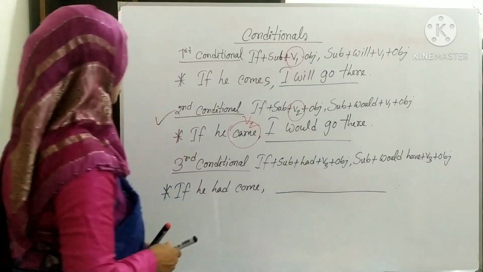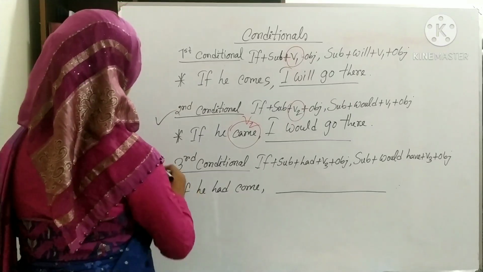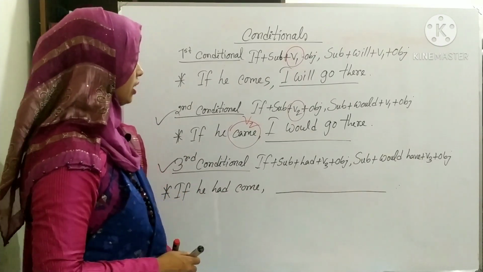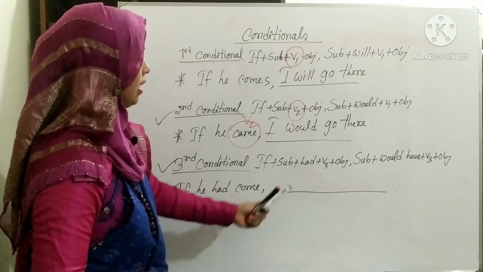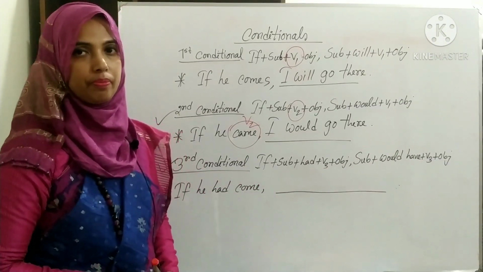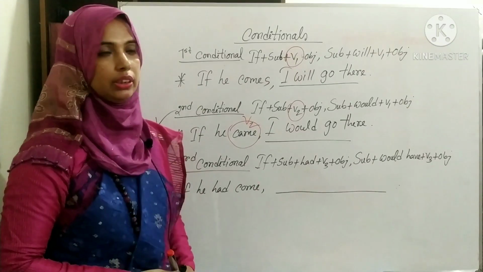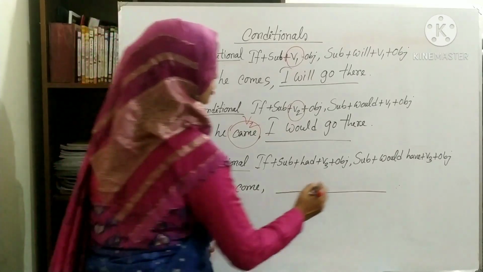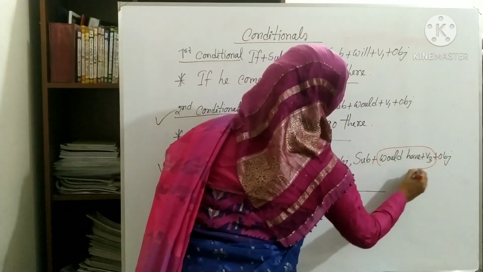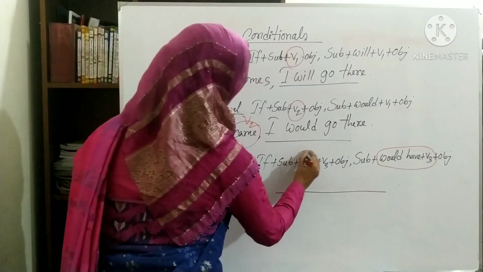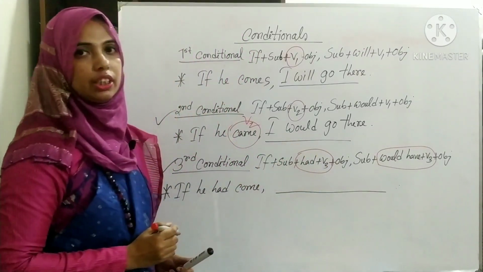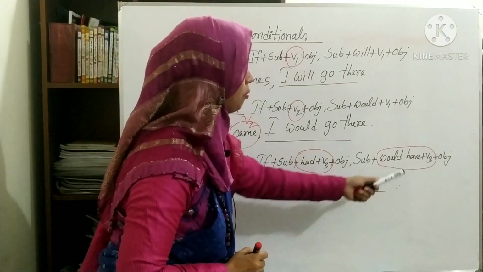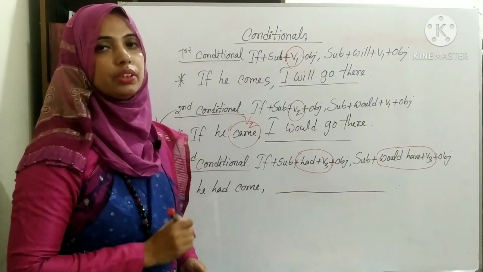Now come to the third conditional. See the structure. The structure is, if you find had plus V3 in the if related clause, then what to do? Of course you have to focus on the verb. If you find had plus V3 in the third conditional, you have to write the sentence with the help of would have plus V3.